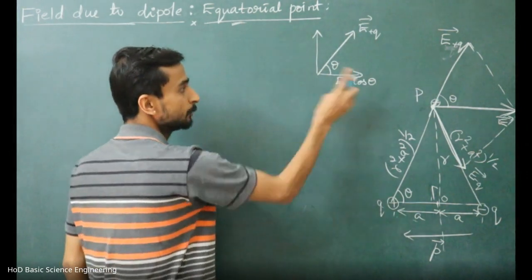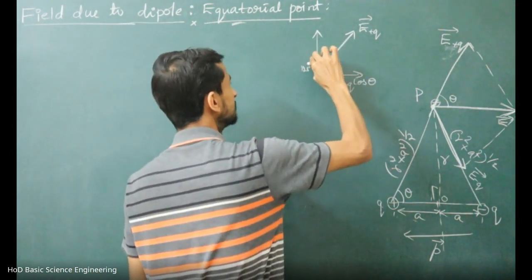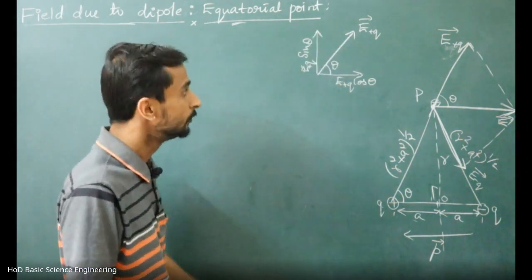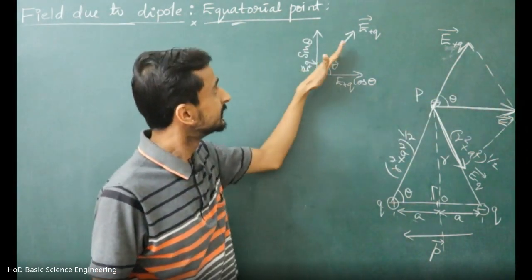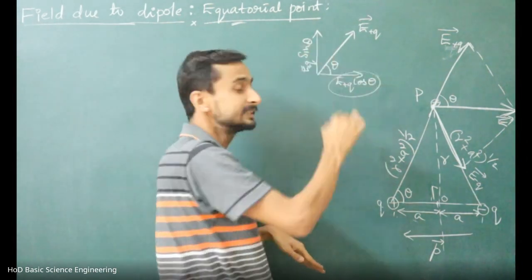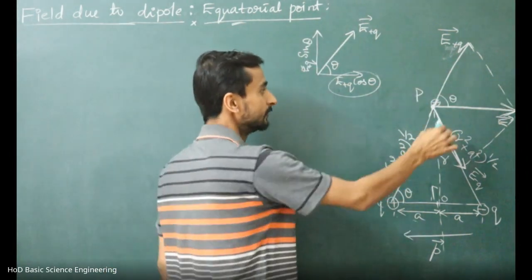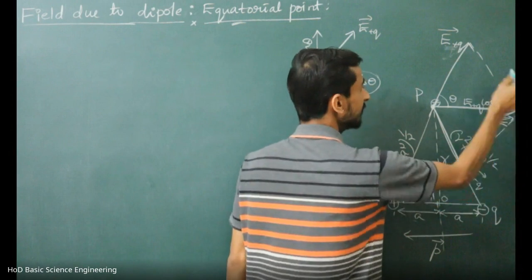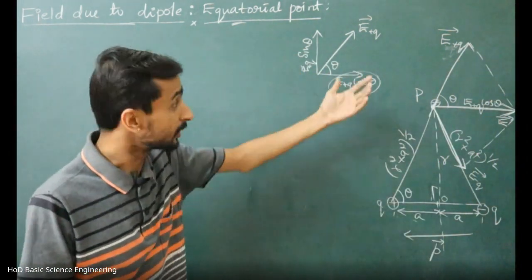Therefore, this is E plus Q cos theta, and this is E plus Q sin theta. Now, which component is acting along this particular direction? E plus Q's horizontal component, or cos theta component, is acting along that direction. Therefore, we can write this as E plus Q cos theta. That is from E plus Q.